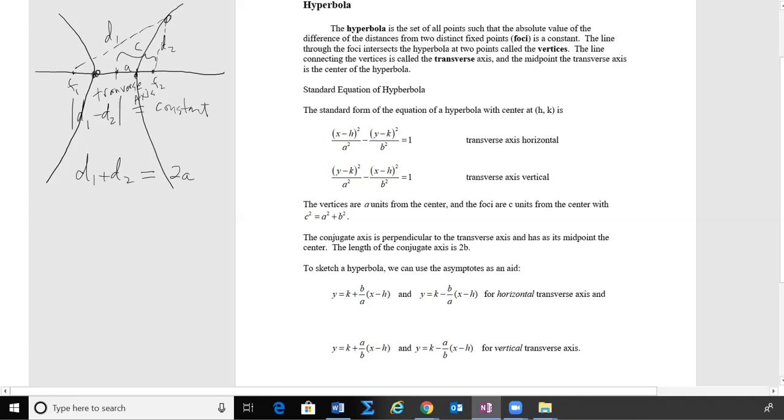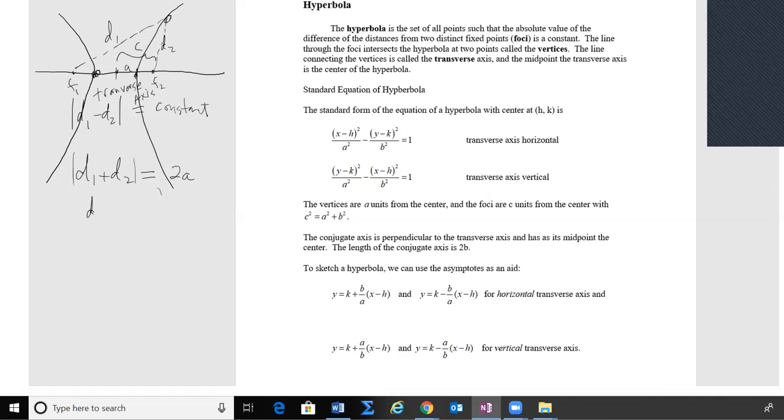I'm sorry, not D1 plus D2, that was the difference in there. Not that absolute value in there. Okay, so that turns out to be our constant in this case.